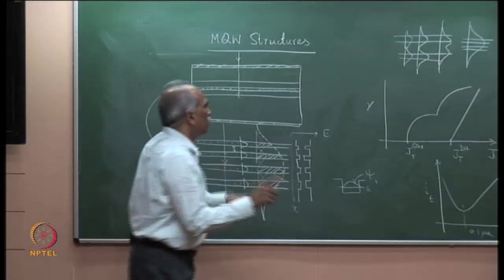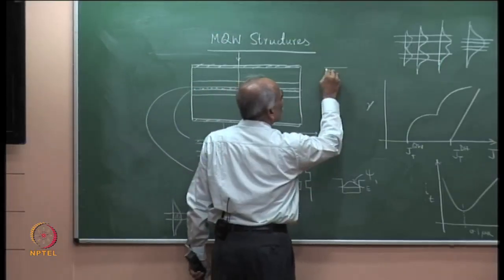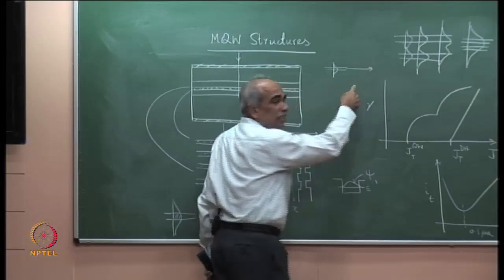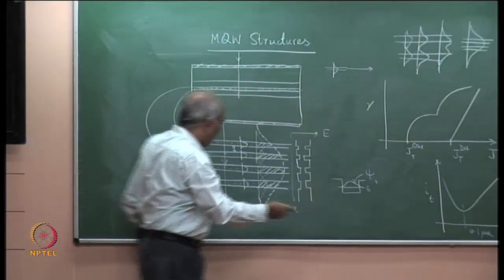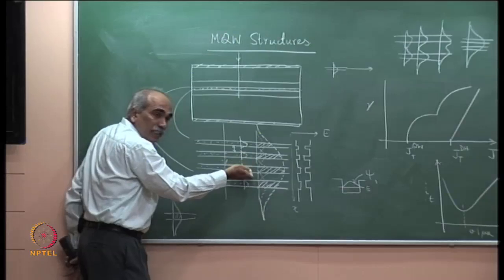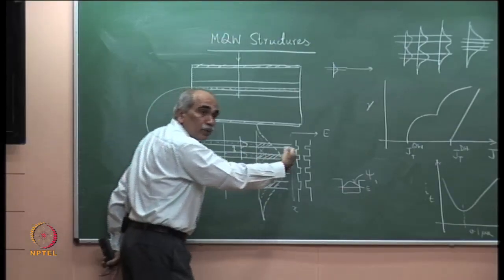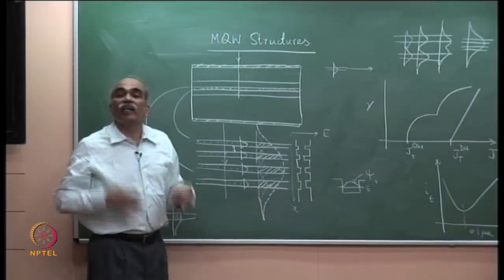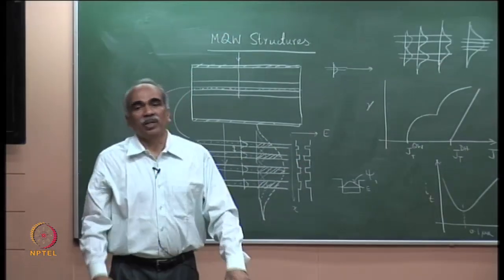If you take one quantum well, the dimension is so small that the power that you would get is limited. But in an MQW structure, there are several active regions which are contributing to the optical power generated, and consequently higher output power can be obtained.